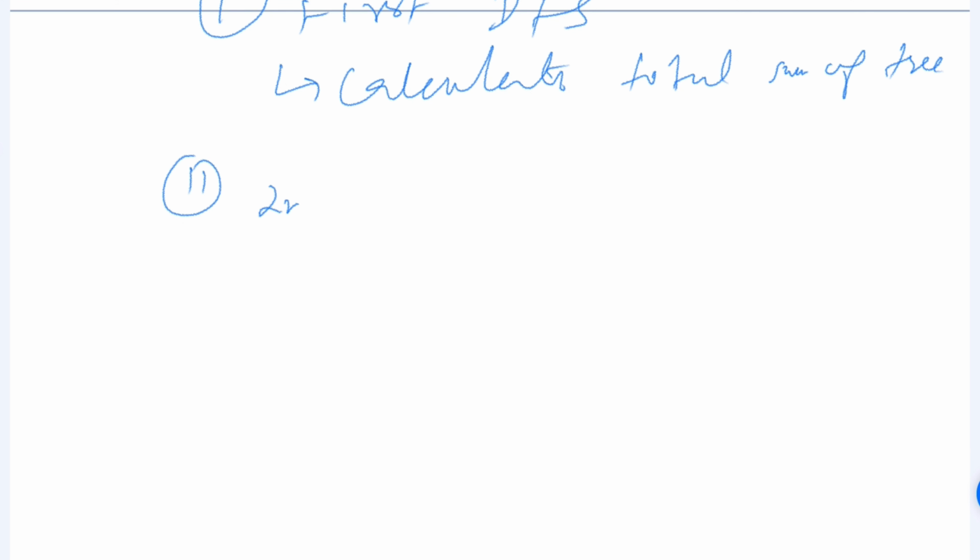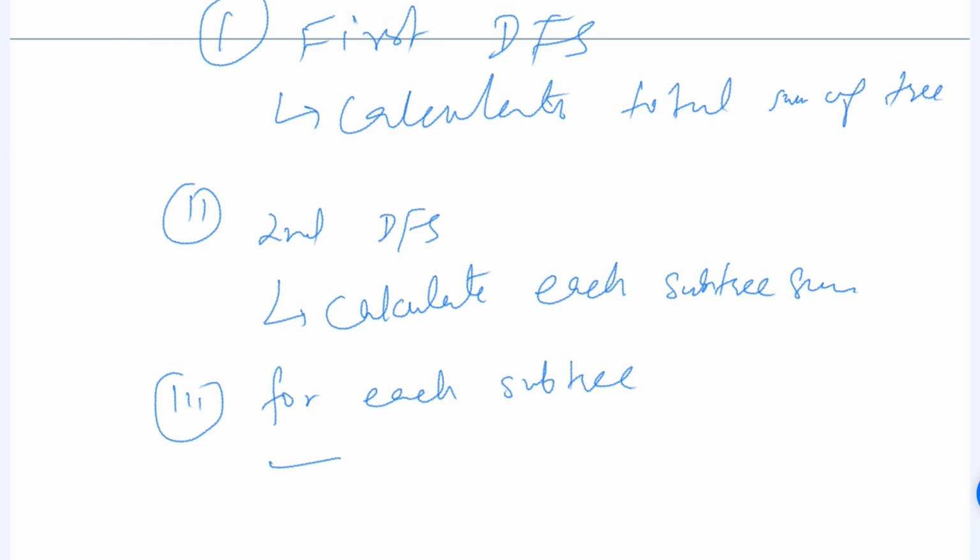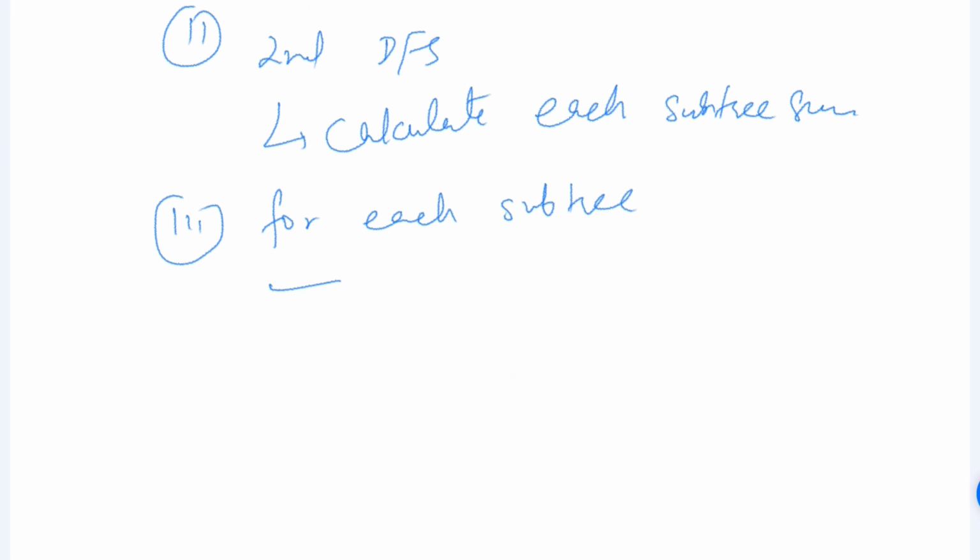When you do the second DFS, you should calculate each subtree sum. And once you have each subtree sum, for each subtree, what you need to do is use this formula and calculate the product.